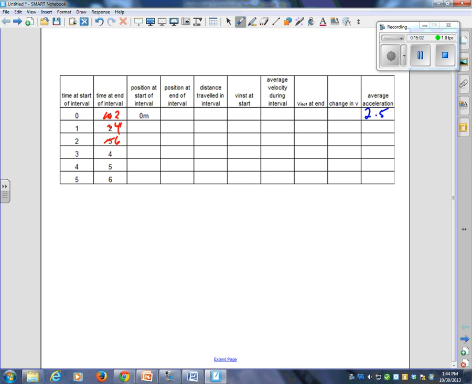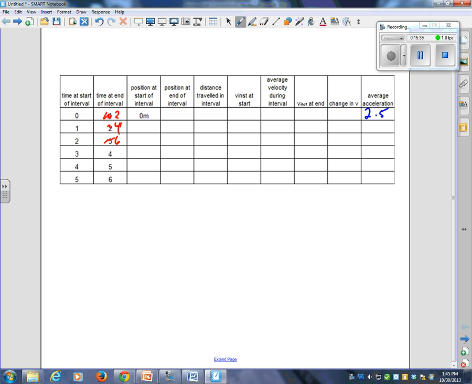Okay, if the average acceleration is 2.5, tell me in words, what does that mean? Keelan. Yeah, no, come on. What does it mean? Don't just regurgitate it back to me. What does it mean in terms of the velocity? The velocity is 2.5? What does acceleration really mean? It means how fast the velocity is changing.